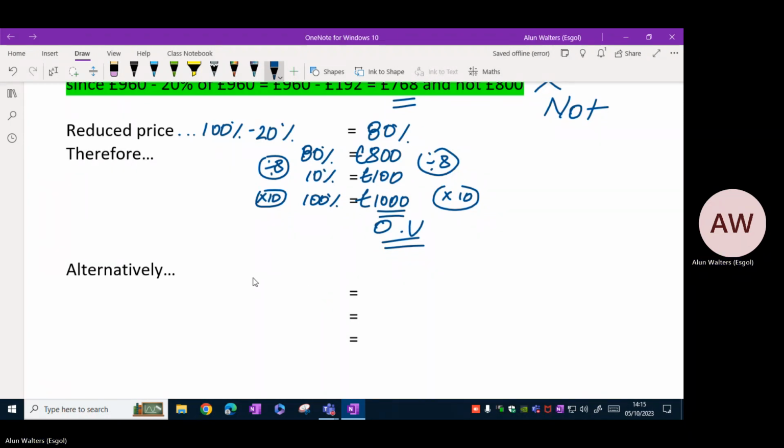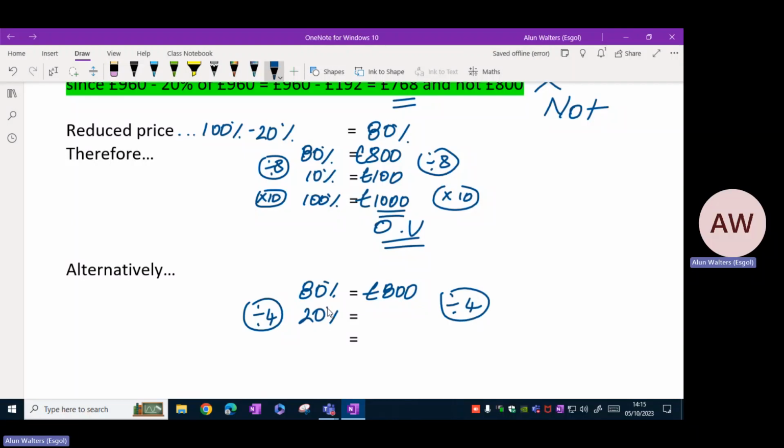So it's the same common top part: 80% is worth £800. On this occasion I'm going to divide it by 4 and divide the other side by 4. And I end up with 20% is equal to £200.